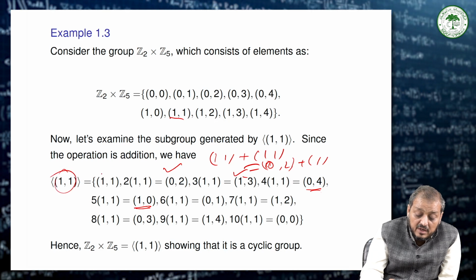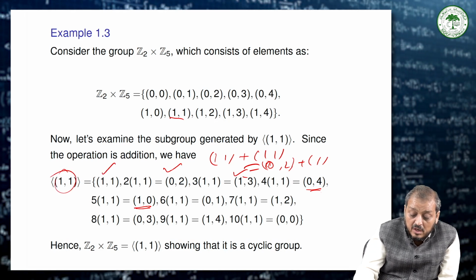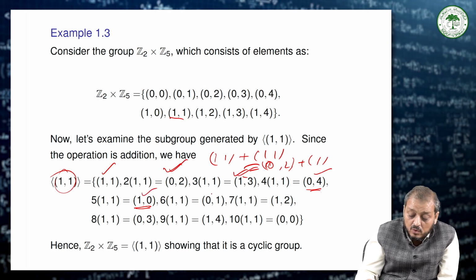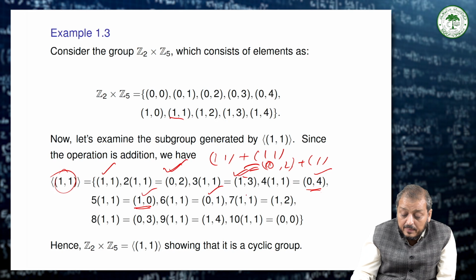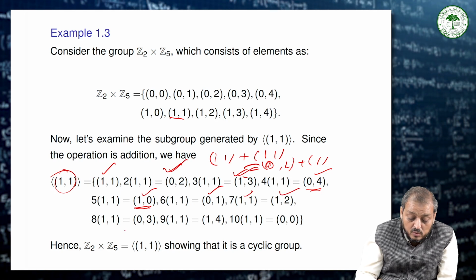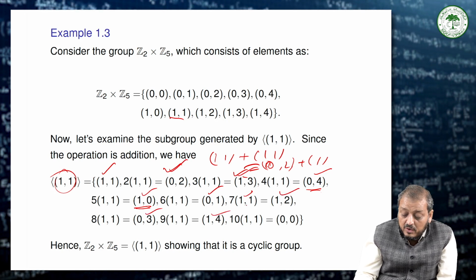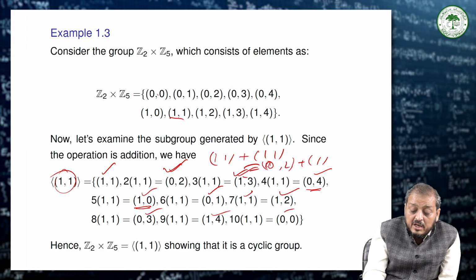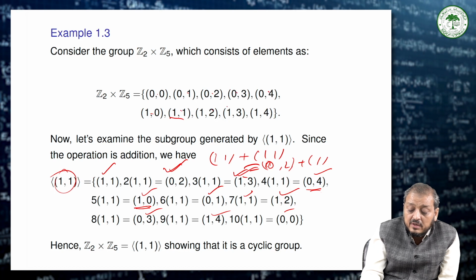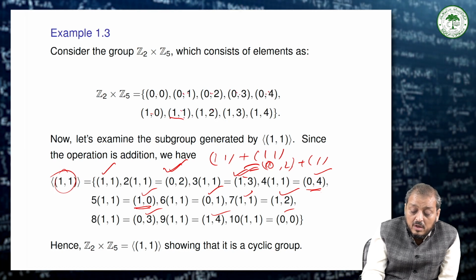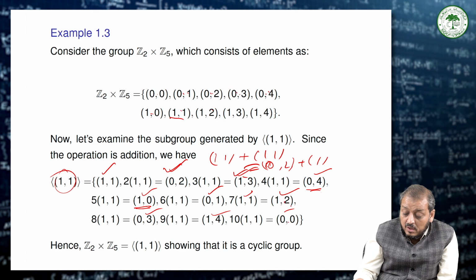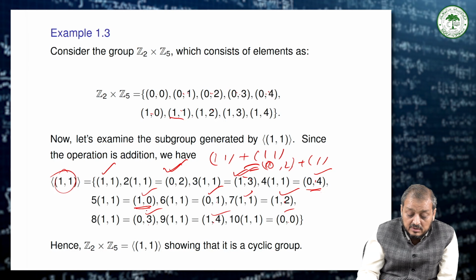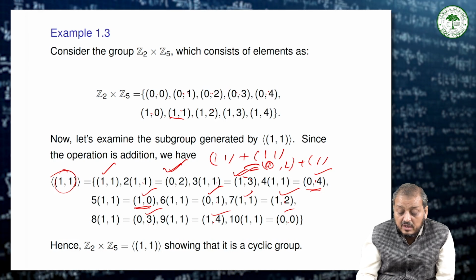You see 1 1 is here, then 0 2 is here, 1 3 is there, 0 4, 1 0, 0 1, and then 1 2, 0 3, 1 4 and 0 0. So this means you have 10 elements: 1 2 3 4 5 6 7 8 9 10, and all are there.